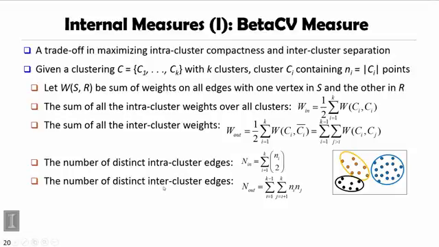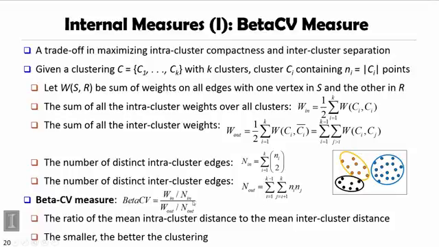Then n sub out is calculated where one point is in cluster i, the other point is in cluster j. They are never in the same cluster, so you want to calculate all the edges among different clusters. So that's the number of distinct inter-cluster edges.